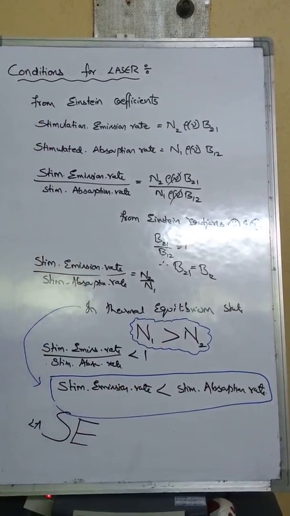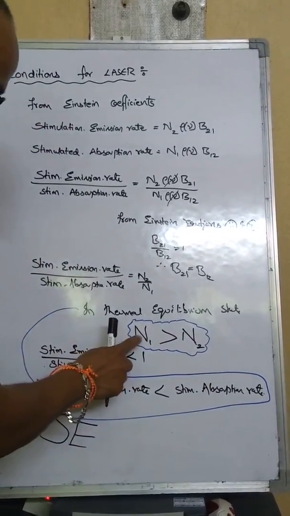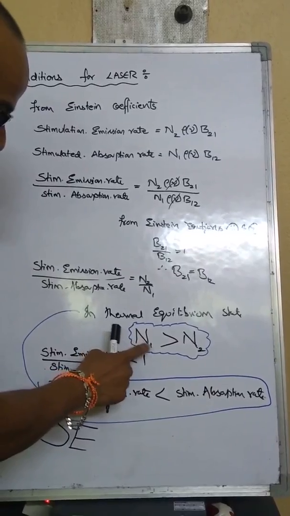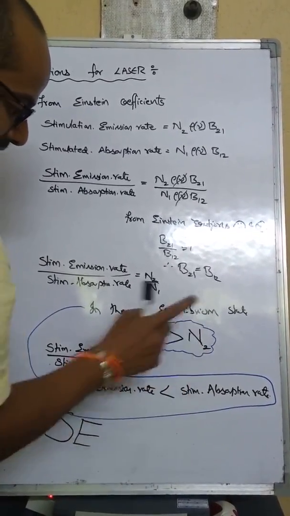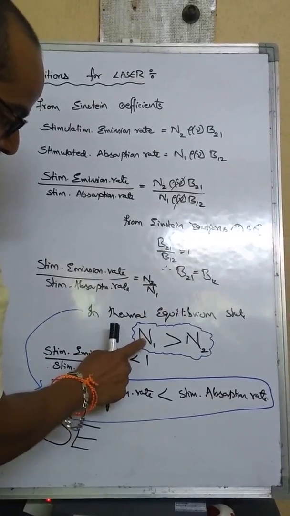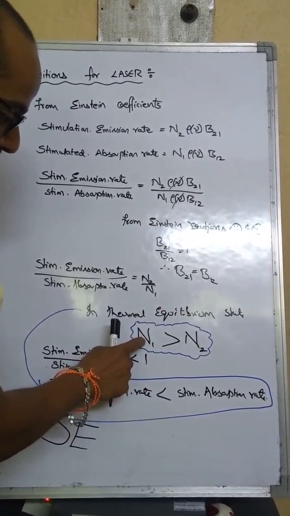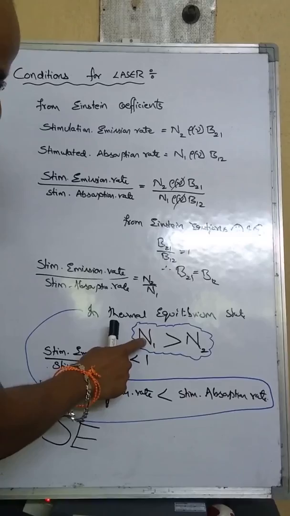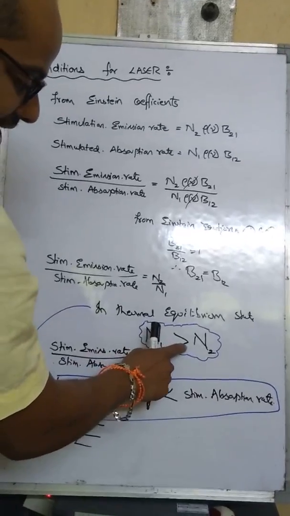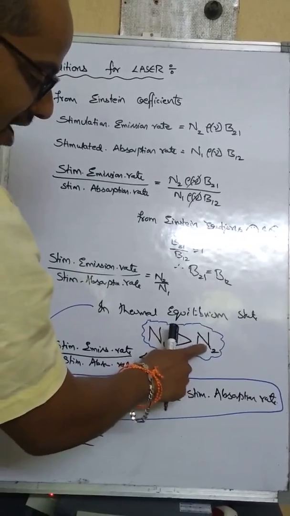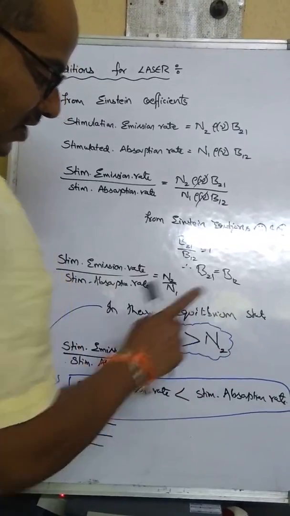Here N1 is the number of atoms in the ground energy level, and N2 is the number of atoms in the higher energy level. I'll name it another way: the population of atoms in energy level E1 is greater than the population of atoms in higher energy level E2.